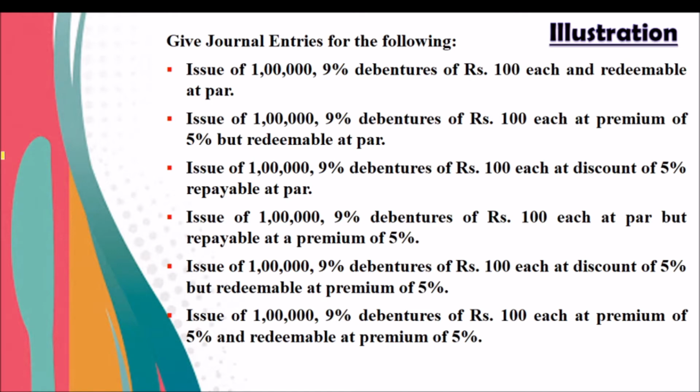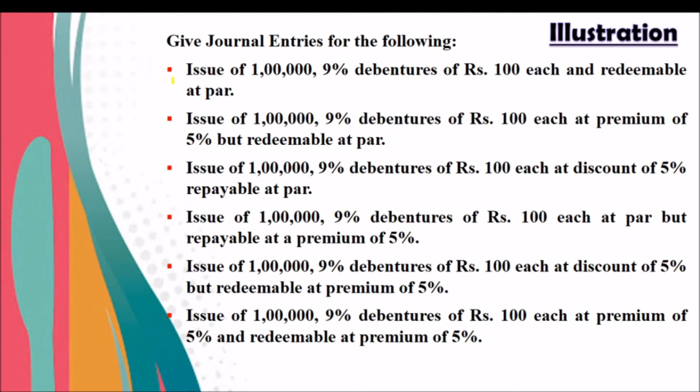Issue at par, but repayable at a premium of 5%. Issue at a discount of 5% and redeemable at a premium of 5%. Issue at a premium of 5% and redeemable at a premium of 5%.